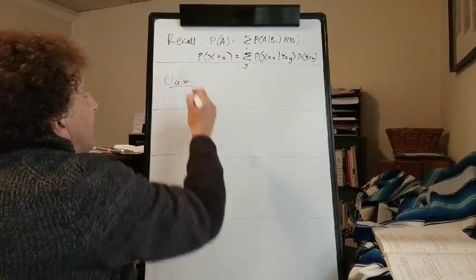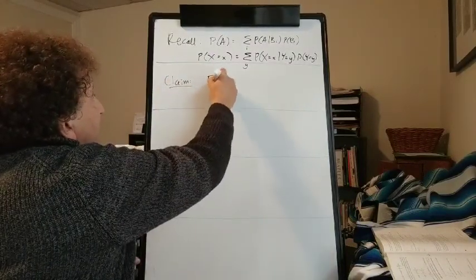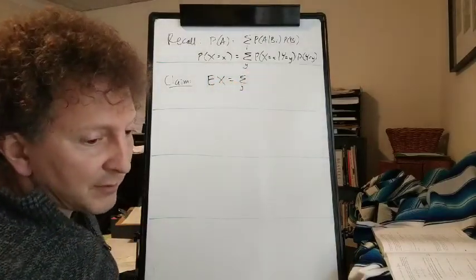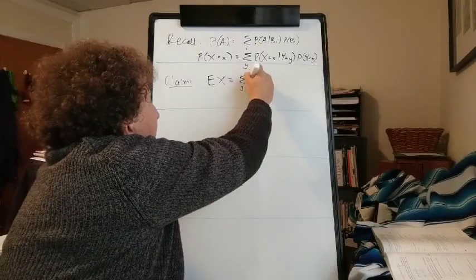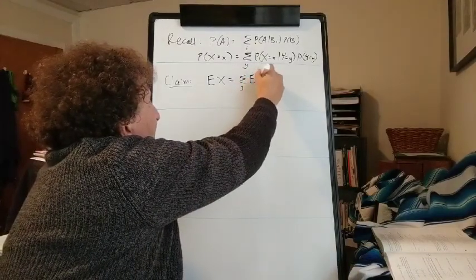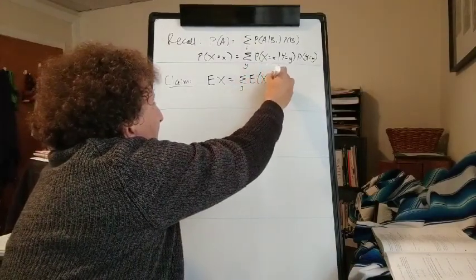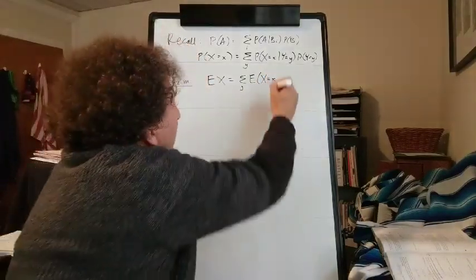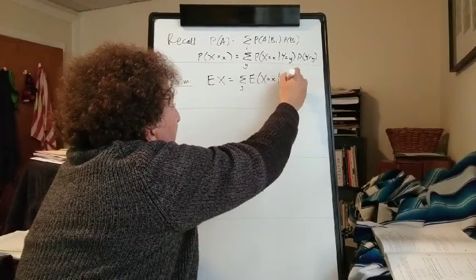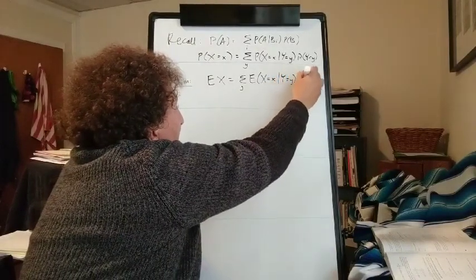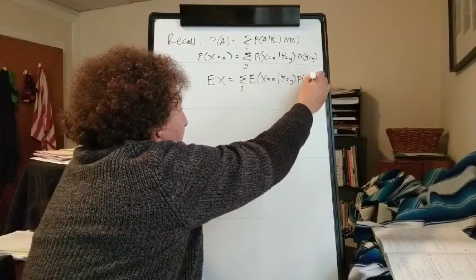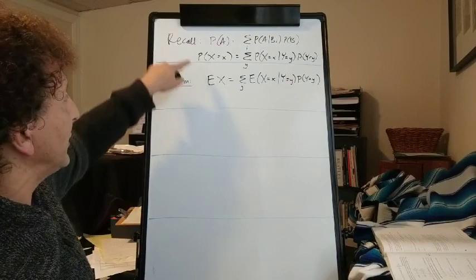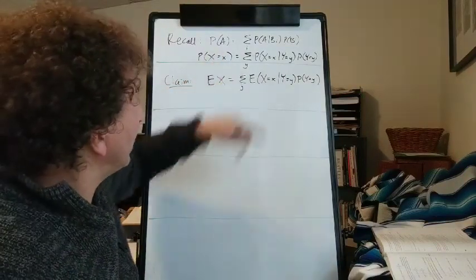Now I claim that we can do something similar with expected value. So the expected value of X equals a sum of the expected value of capital X given that capital Y equals little y, times the probability that capital Y equals little y. So it looks a lot like this formula, except we have expectation for two of the probabilities.